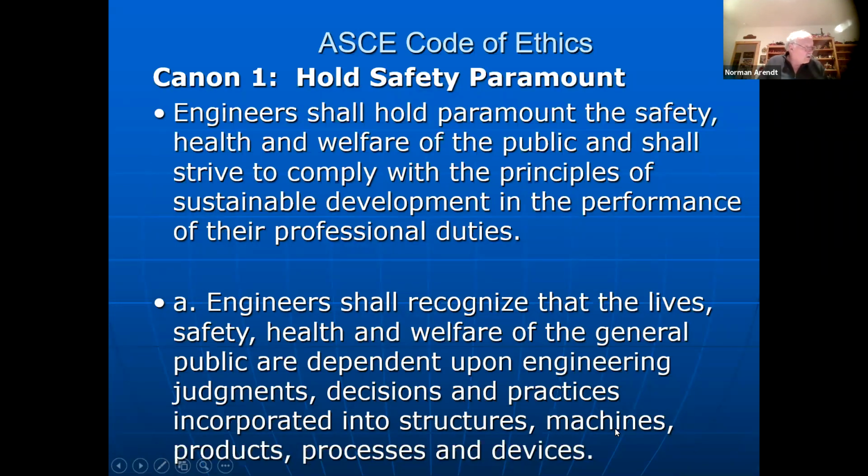And if we look at NSPE, for those who are professional engineers, the fundamental canons from NSPE, the very first one, under engineers in the fulfillment of their professional duties: shall hold paramount the safety, health, and welfare of the public. Then it goes on to rules of practice. Engineers shall hold paramount the safety, health, and welfare of the public.